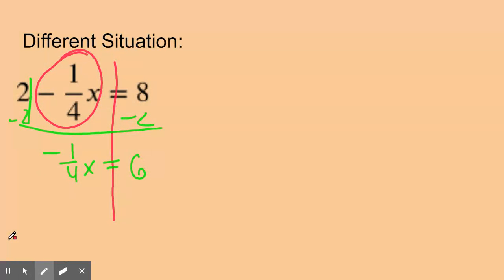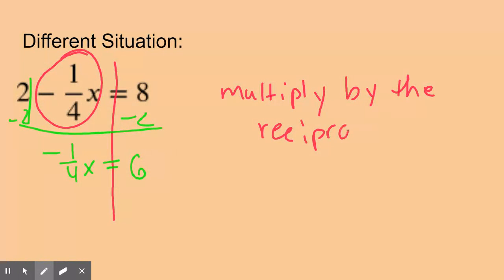So instead, when we have a situation like this, we want to multiply by the reciprocal. And if you remember, reciprocal meant to flip. If you multiply by the reciprocal, it's going to make your life easier.